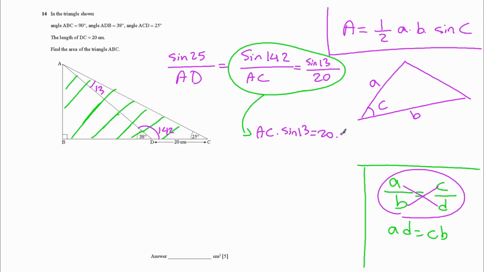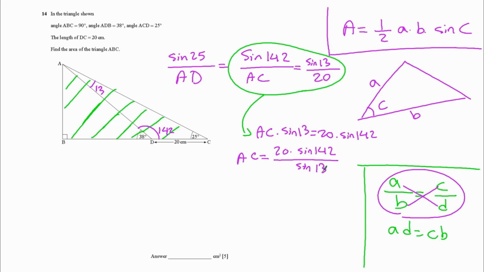So AC would be equal to 20 times sine of 142 divided by sine of 13. So I'm just going to use the calculator for this. Sine of 142 divided by sine of 13, and that is times by 20.